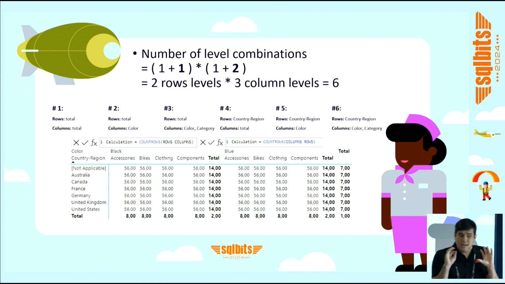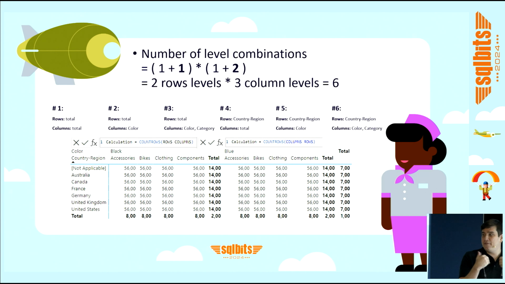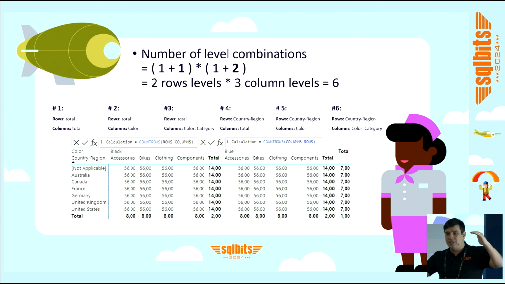So underneath, whenever you reference and use those axes, rows, columns, rows columns, you're actually receiving a table. And you can count the rows of the table. And what is that table? It's the combination that uniquely identifies every field in that specific level combination.